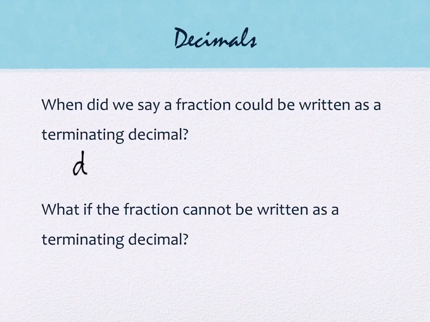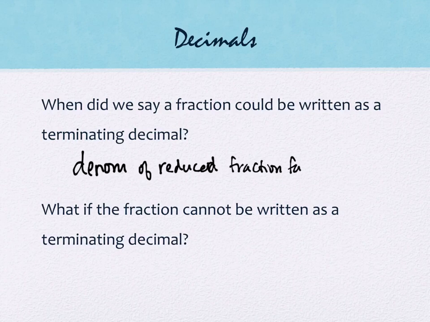Okay, so if the denominator, specifically of the reduced fraction, factors only into 2s, you could have multiples of them, 2s and or 5s. That's what we said. Do you guys remember that? We did that back, I think it was in section 7.1.